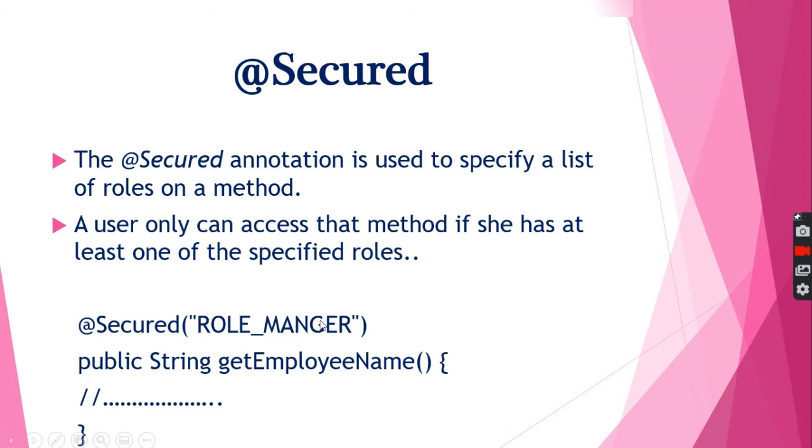If so, the user can access it and a successful response is returned. Let's say this user doesn't have this role and has something else. At that time, this user can't even go inside or access this method, and the response will be 401, which means unauthorized, guys.